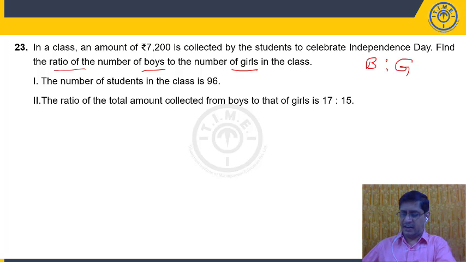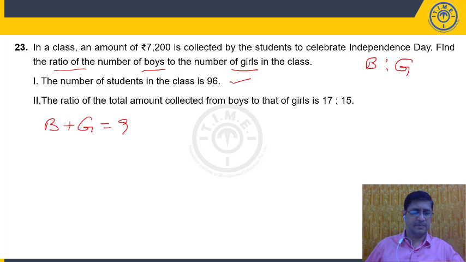Now look at the data given in statement 1 as well as 2. The number of students in the class is 96. Means B plus G is given as 96. What is B? What is G? We don't know. Total amount is given here. What is the total amount?